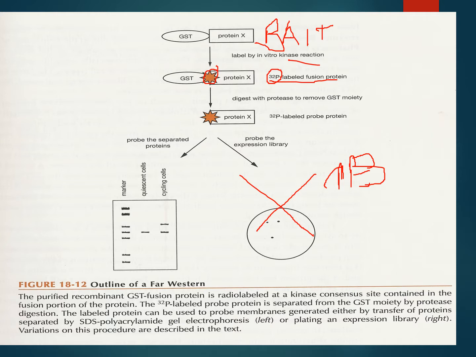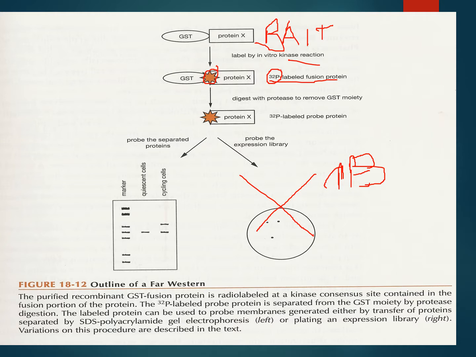And we then probe the Western blot. Here's our protein markers. With this radioactive protein, you allow it to bind. And this, of course, probably is native SDS, so it won't be denaturing.